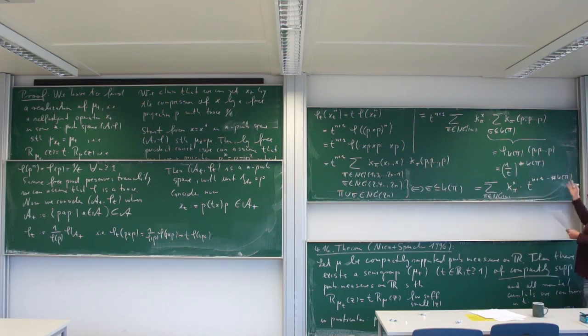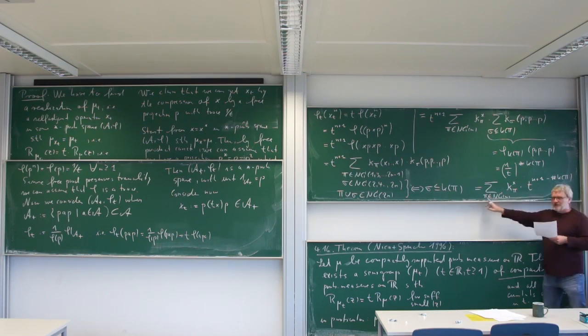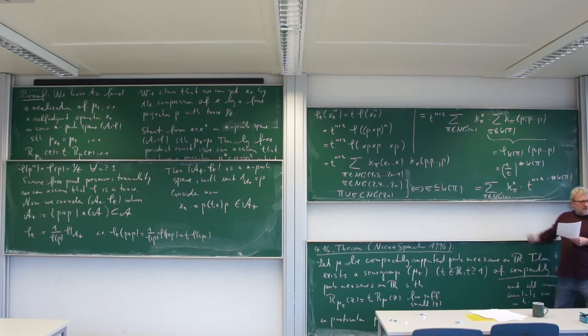Okay, and of course now it looks maybe not so nice, because here I have the covariance complement. I'm summing over pi, but then in the same assignment you also have to show that the number of blocks in pi plus the number of blocks in the covariance complement is always n plus 1. So n plus 1 minus the number of blocks in the covariance complement is just the number of blocks of pi. So this here is just t to the number of blocks of pi.